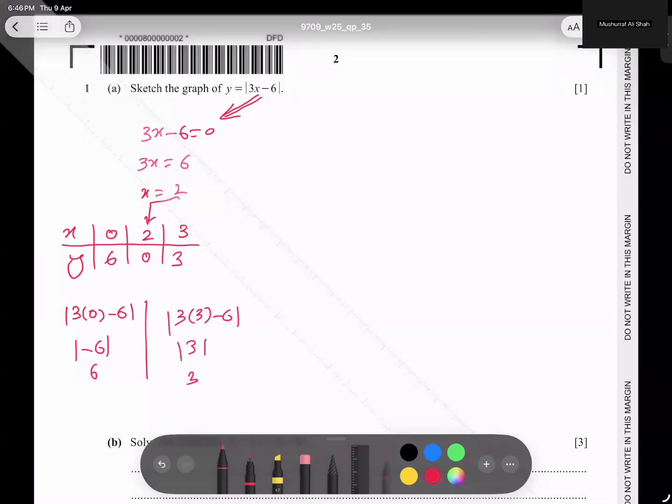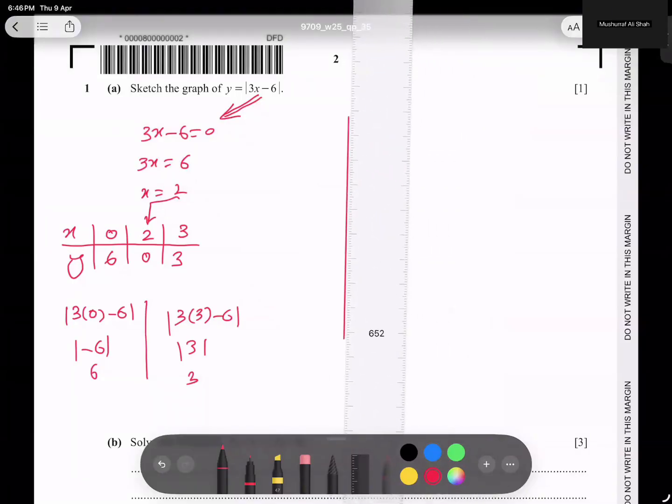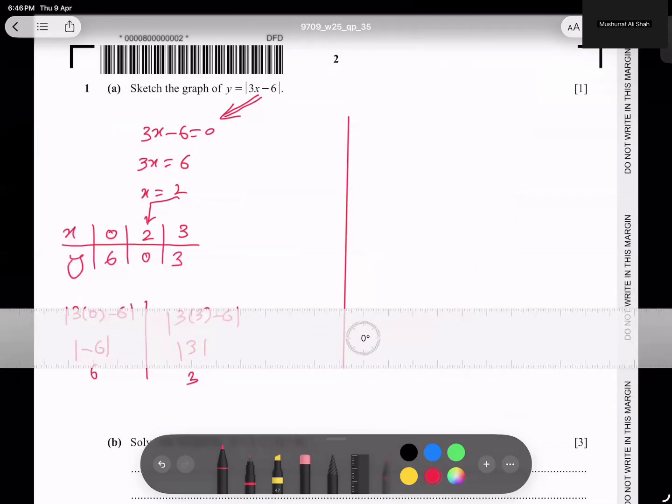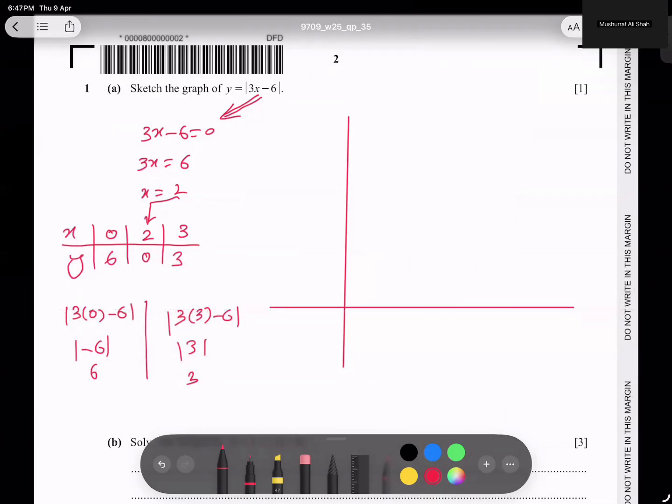Now the sketching part. Because no negative value has been taken, I just make a rough plan here. No need to be accurate, just a rough idea.